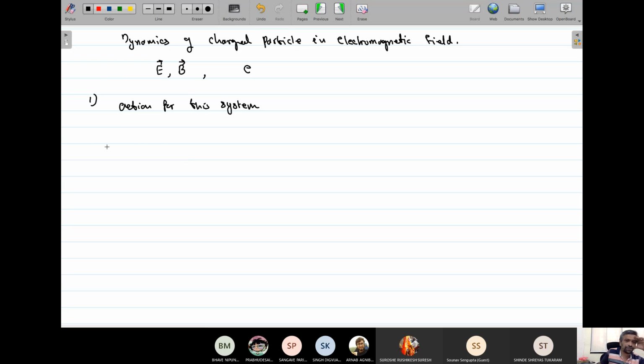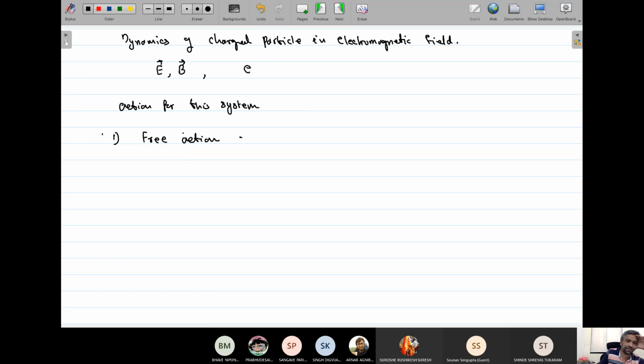The first part of this action will be the free Lagrangian, the free action. That means if there is no electromagnetic field, what would be the action of that charged particle?